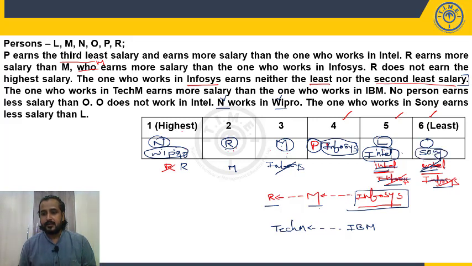Now here we are left with R and M and Tech M, IBM. We know that the one who works in Tech M earns more than IBM. So R works in Tech M, M works in IBM. So this is my final arrangement. When I reached my last clue, I incorporated all my clues and got the final arrangement.